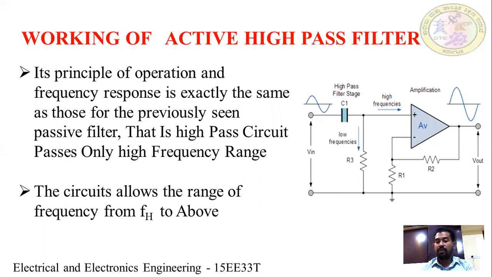Here, the circuit diagram is similar to the low pass filter. It consists of the input voltage, that is Vin, for the high pass filter stage, and a capacitor is connected along with the resistor R3.